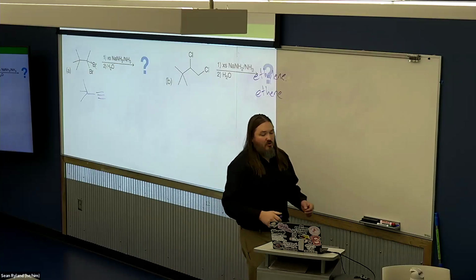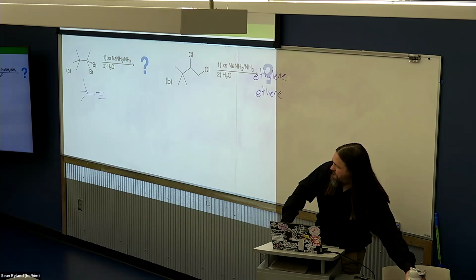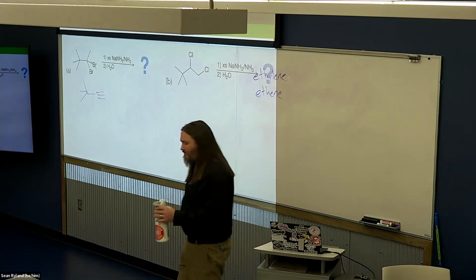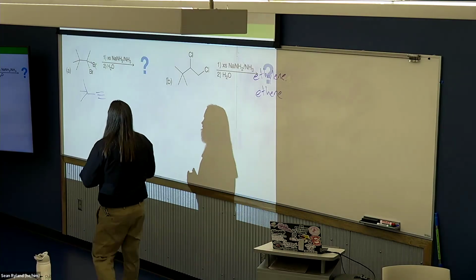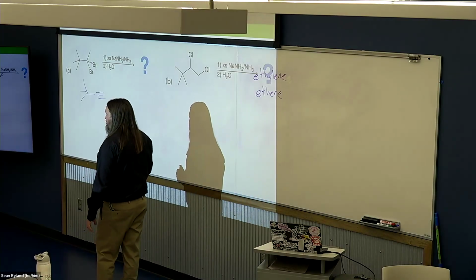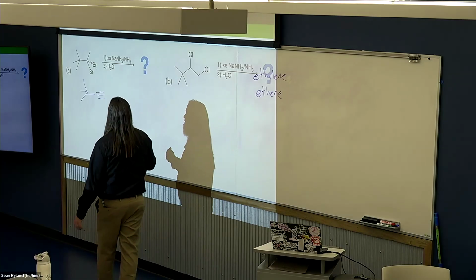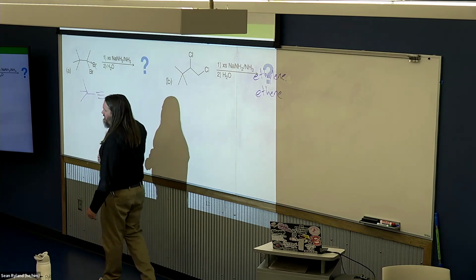They actually don't show up that often in nature. It's an elimination, it's just a double. So we don't think about things that often, but it's always going to go to the end of the chain.